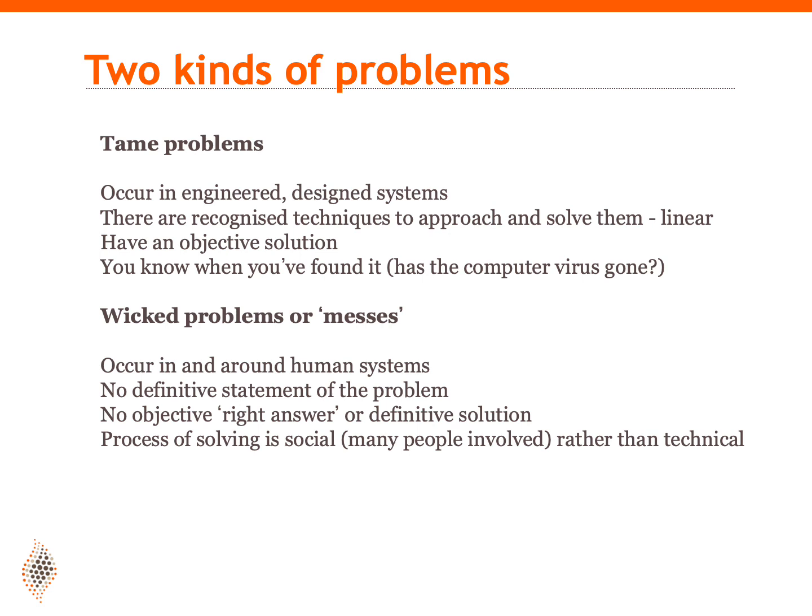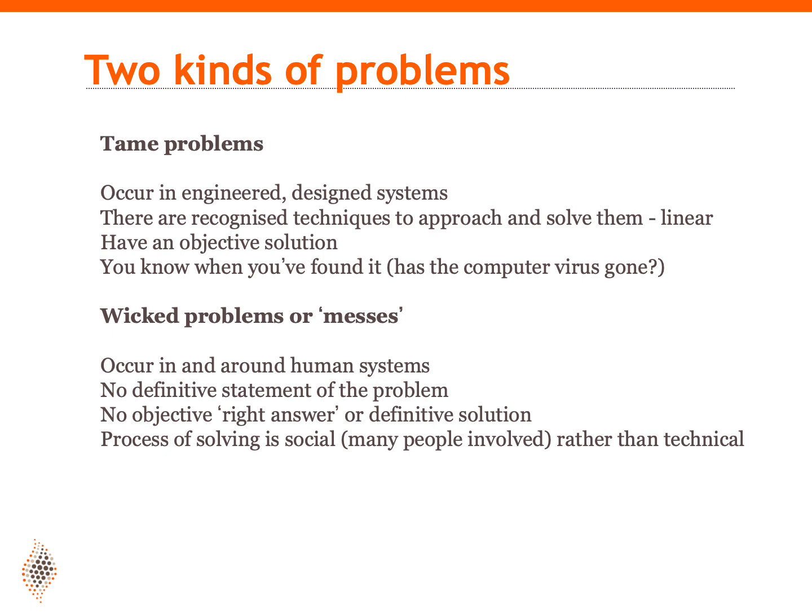Some people will experience the urban planning or spatial planning challenge of South African cities in a way of water constraints, or of distance to work, so job constraints, or of housing constraints. And so there's no definitive statement of the problem. There's no objective right answer, and the process of solving the problem is social, not technical.